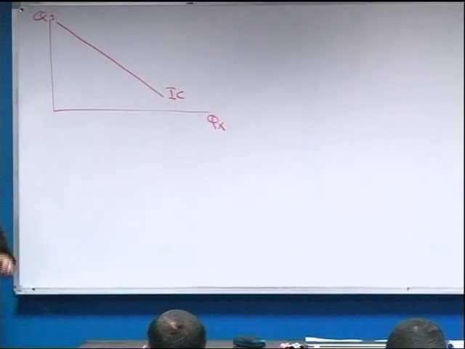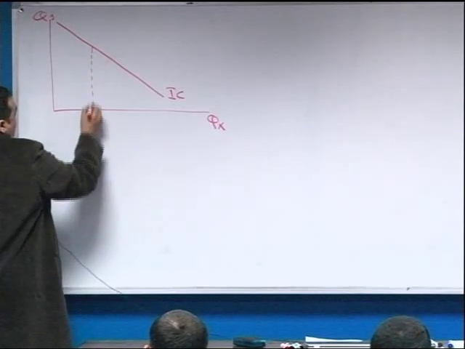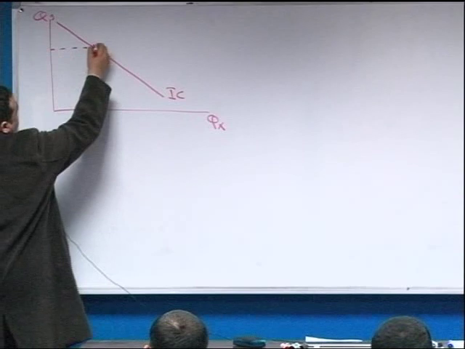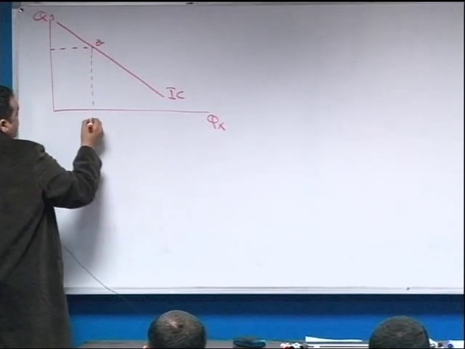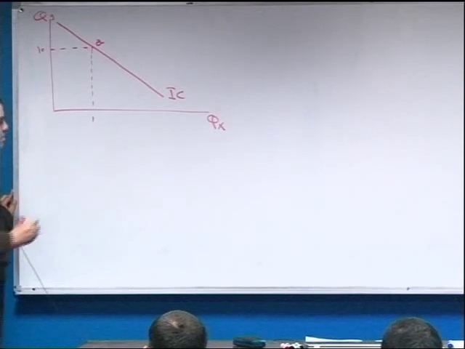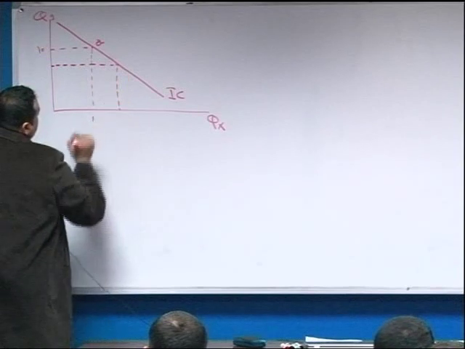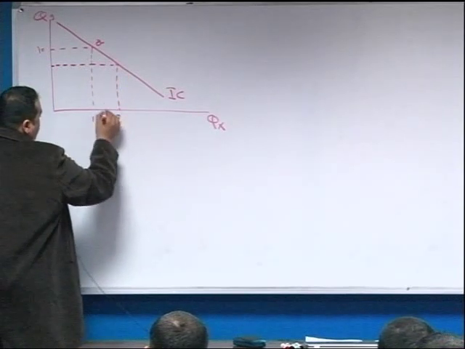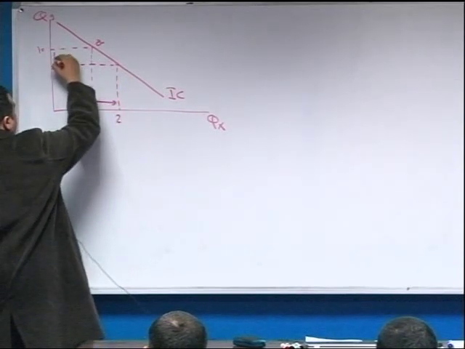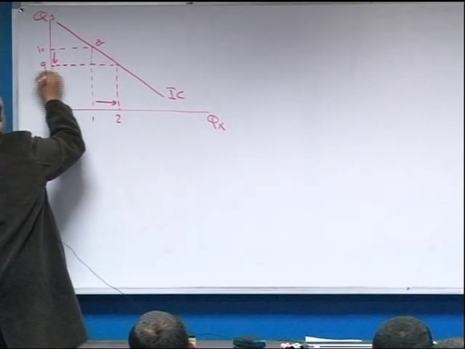In this case, suppose that we are at point A, the combination 1, 10. If the consumer decided to increase his consumption of X by 1 unit, he would decrease his consumption of Y by 1 unit.